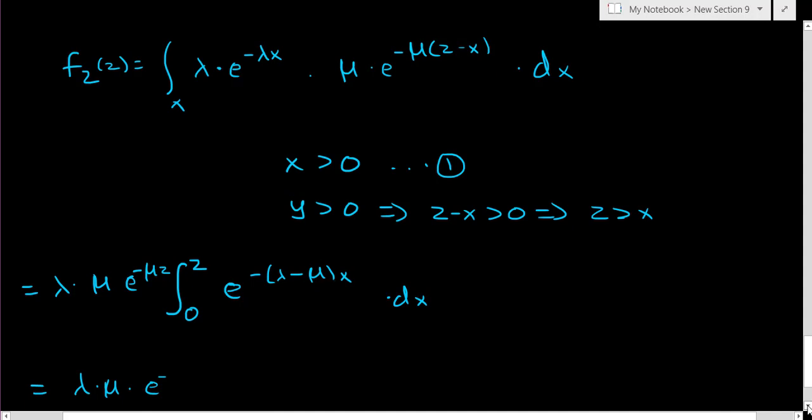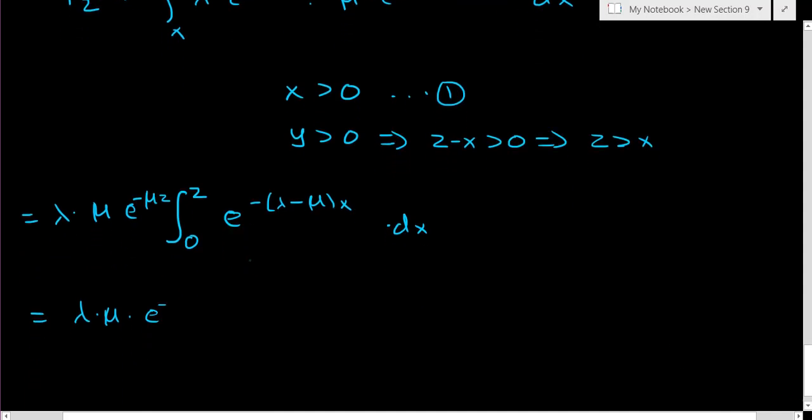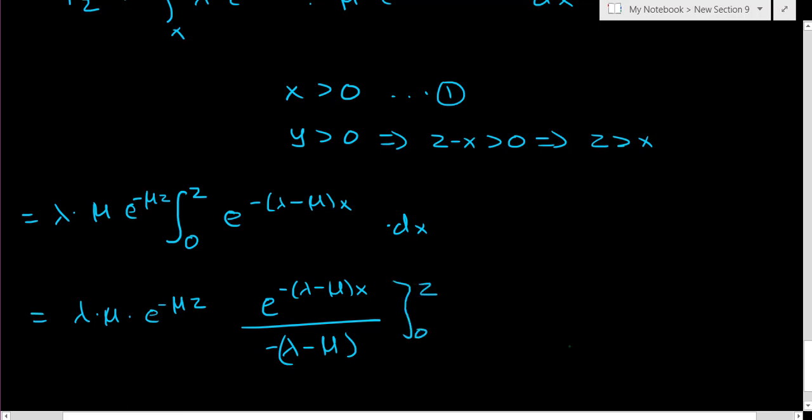Okay, that's what I'm doing. So this would be my result here. Now I'll have lambda into mu and e to the power of minus mu z, and inside if I integrate, this becomes e to the power of minus (lambda minus mu) x divided by minus (lambda minus mu), going from 0 to z.